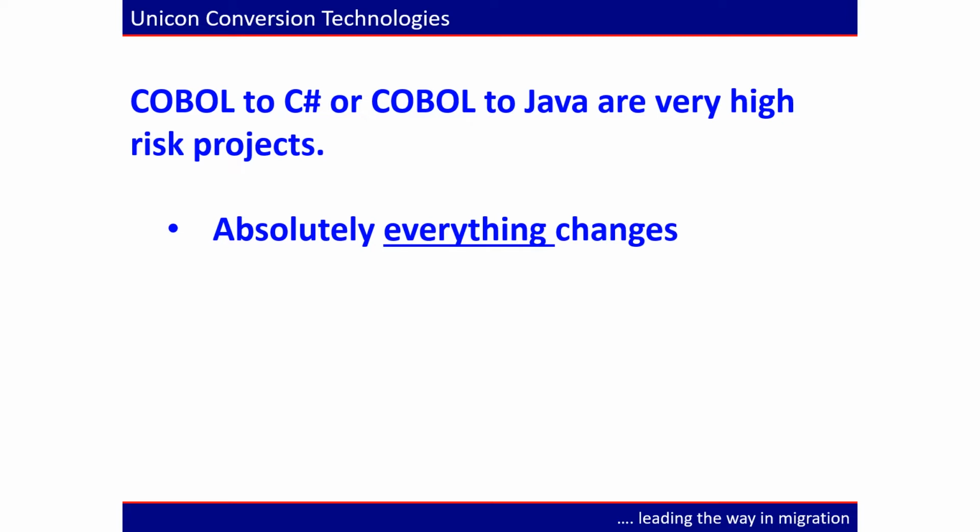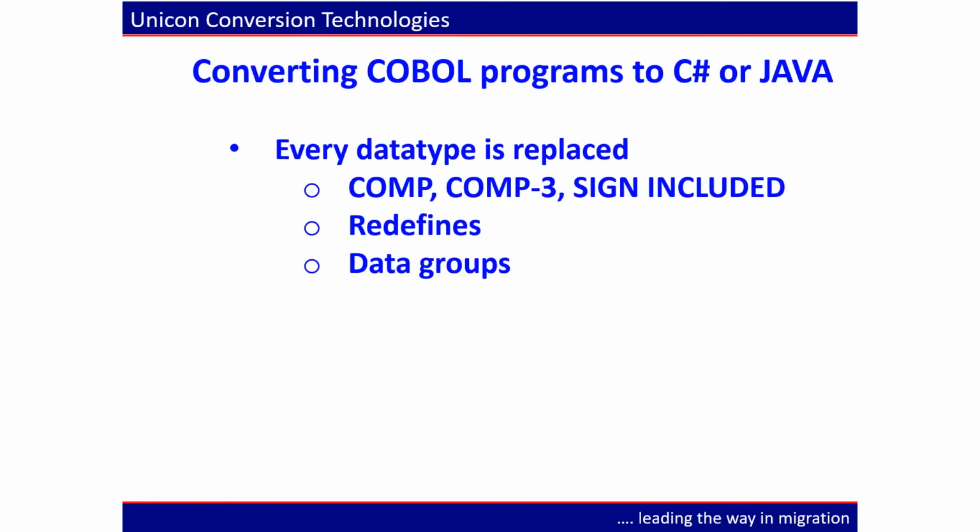Additionally, the COBOL source code includes many commonly used COBOL facilities that C# and Java just simply cannot do. Every data type in the COBOL program must be replaced by a C# or Java data type. But it isn't a simple one-for-one replacement. The COBOL data type of comp can be replaced by the C# or Java data type of integer.